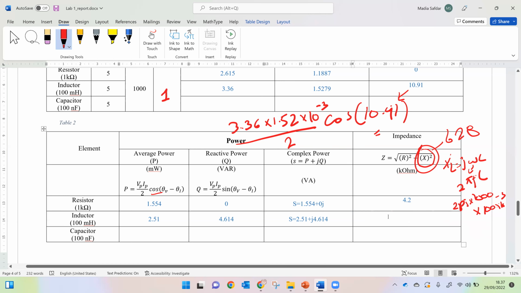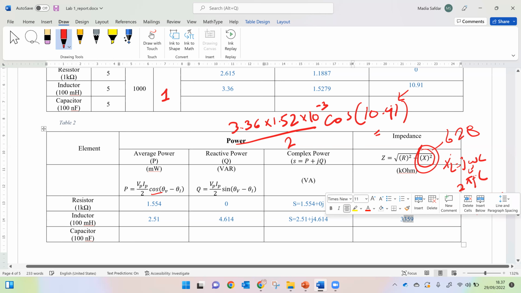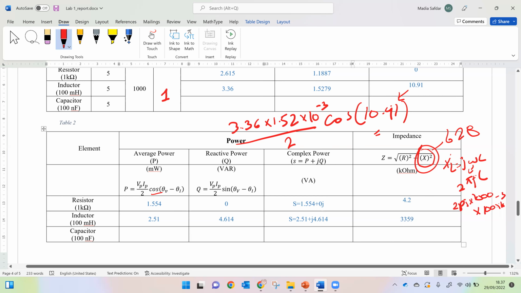Okay, so this will be 3359. Or you can write it as 3.36k. Then this is done.